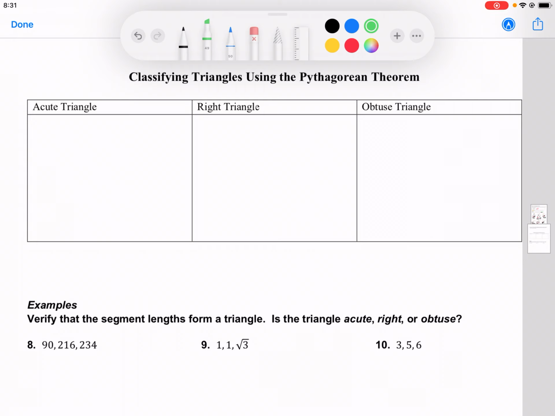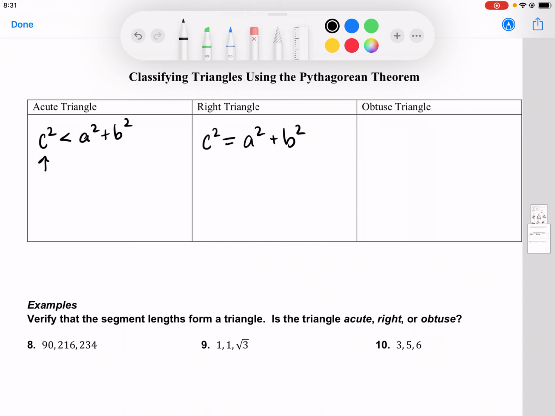When it comes to a right triangle, we know that it's a right triangle if the Pythagorean theorem gives us an equal statement. So c squared is equal to a squared plus b squared. It's an acute triangle if c squared is actually less than a squared plus b squared.